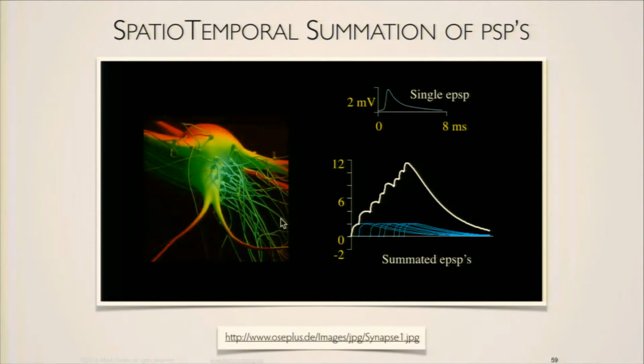And by at once, I mean they have to impact the same patch of the receiving neuron, because it's local, because these have spatial constants, but they also have to happen pretty much at the same point in time. They last long enough that if you have multiple events occurring just slightly offset, they tend to superpose. And the formal math to go from here to here is called convolution, and we'll be talking about convolution throughout the course.